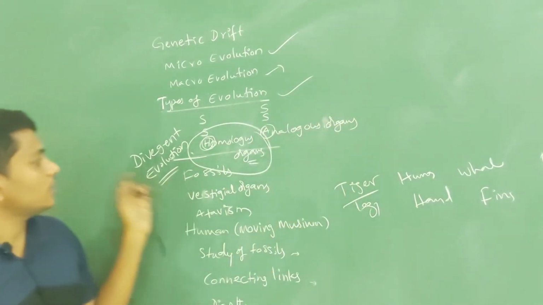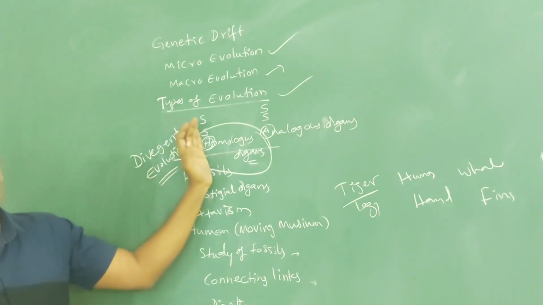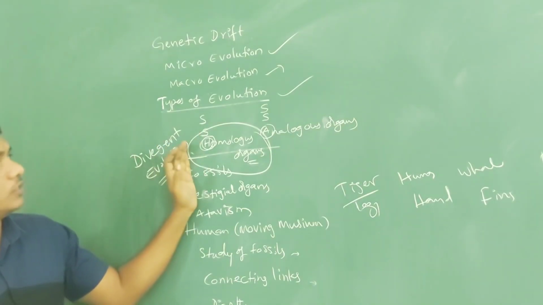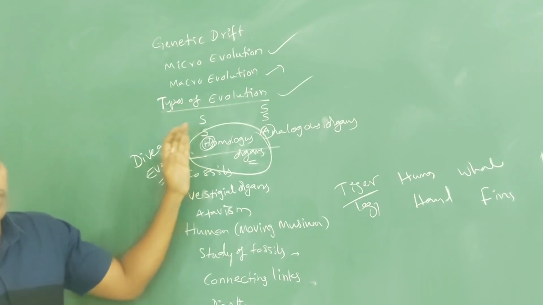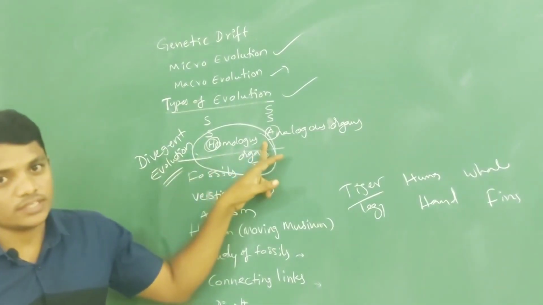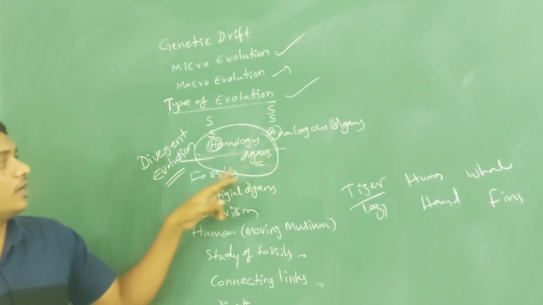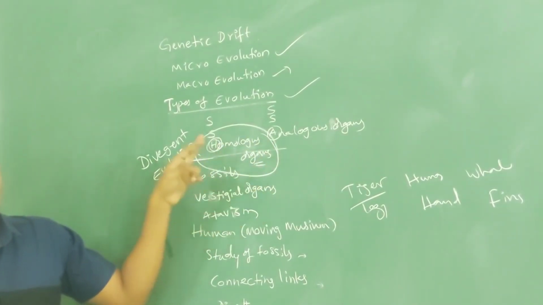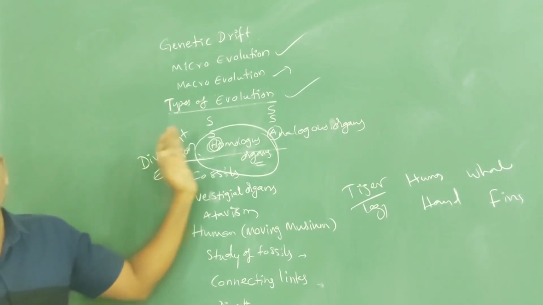That type of organs shows divergent evolution. If the organism has homologous organs, it is showing divergent evolution.